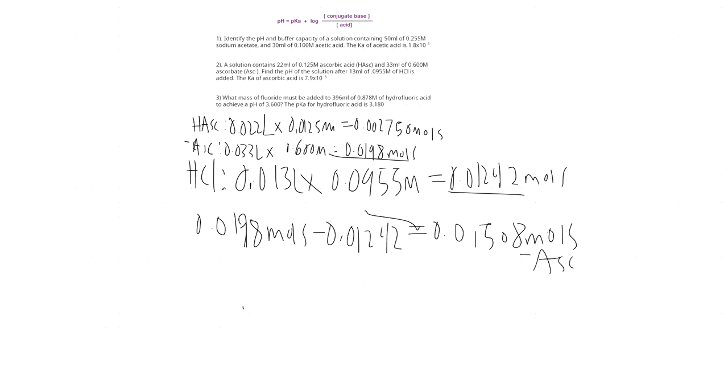Okay, so at the same time, we're going to do 0.002750. This is the moles of the ascorbic acid plus moles of HCl added, 0.01242. And that's going to equal, oops, this is actually, whoopsie, okay.